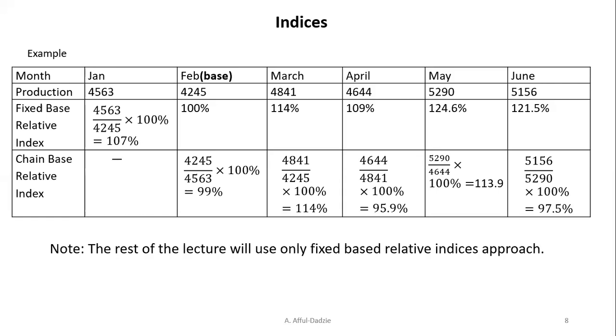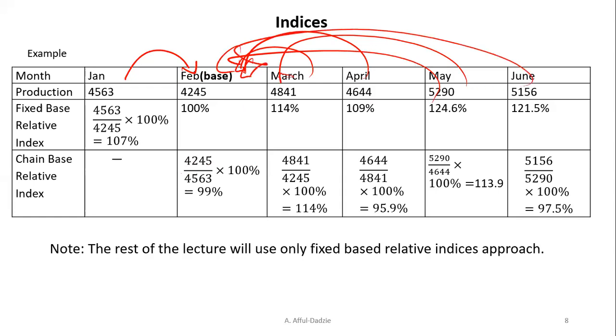All right, so for the fixed base approach, we are saying that we have one fixed period against which all other periods are compared. So here, suppose we assume that February is our base period. It means we'll compare January to February, March to February, April to February, May to February, and June to February.